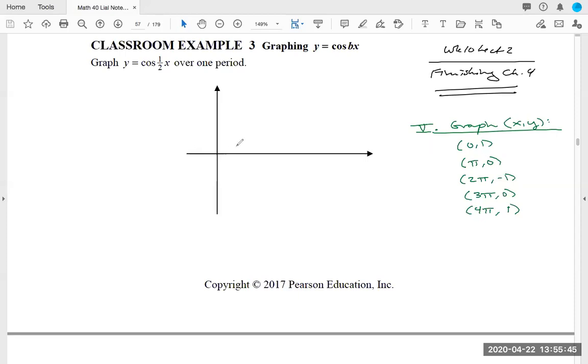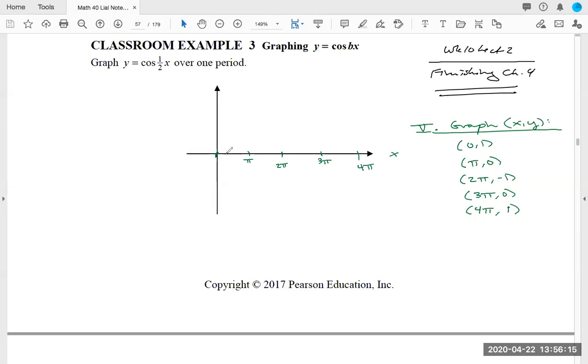So 0 would be here for x, and then we can just put 4 pi right here. Then in the middle would be 2 pi. In the middle of 0 and 2 pi would be pi, and in the middle of 2 pi and 4 pi would be 3 pi.